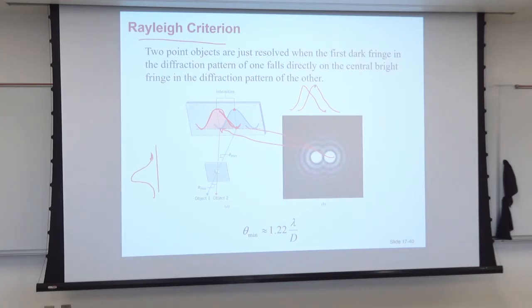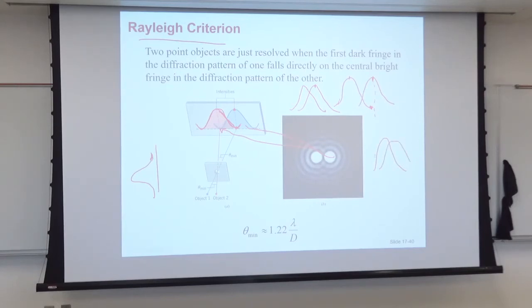That means you cannot distinguish the 2 objects in this case. You can resolve the 2 objects only if this dark one falls on the bright of the other one, or if they are farther from each other. If they are too close like that, then you don't see distinct images.